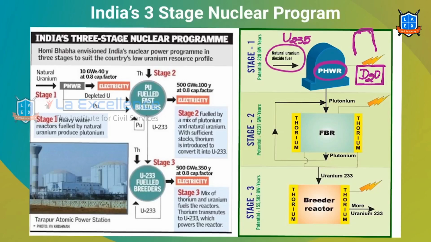And we know that when we use uranium 235, we get a material called plutonium. Plutonium is the byproduct. So in the second stage, since we don't have enough uranium, we are going to combine plutonium with uranium. We are going to use part uranium, part plutonium, and we are going to have this fast breeder reactor.